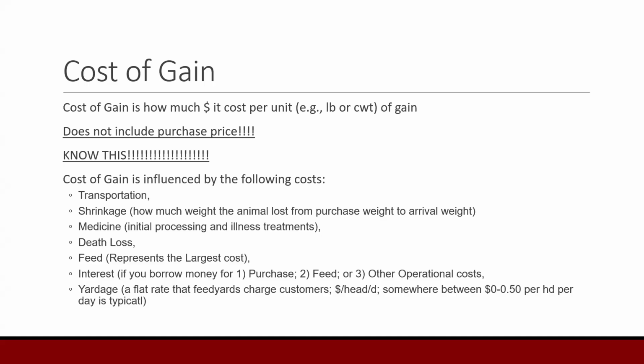Not including purchase cost of the animals. That's very important. Okay, so value of gain could still be greater than cost of gain, but your purchase price could be so high that you could still lose money. Okay, but that's sunk capital into those animals that you bought, so it still makes sense to continue to feed those animals because the amount of money that you lose is going to decrease.